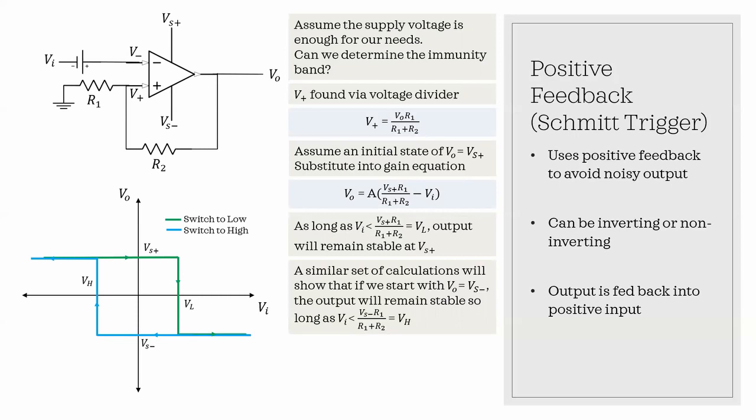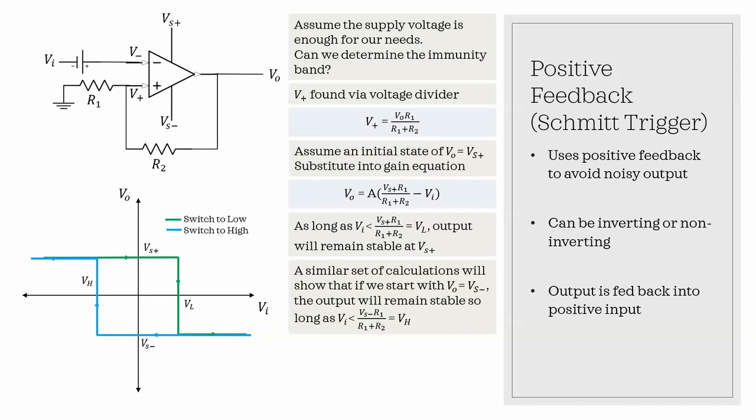And then the blue line, where we start low, as long as our input signal remains above that VH value, it will remain low. And then once it hits it, it's going to go high. So we have this square box kind of thing in the middle of our voltage plot. And within that is our immunity band. Our Vi in between VH and VL does not change the output of our system. It's immune to change. That's why it's called immunity band.